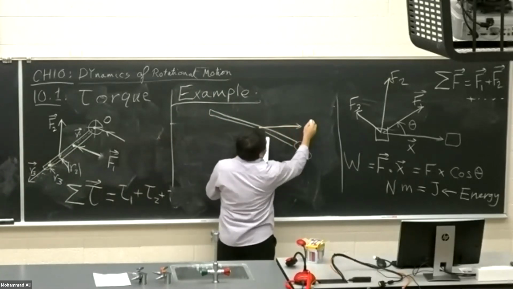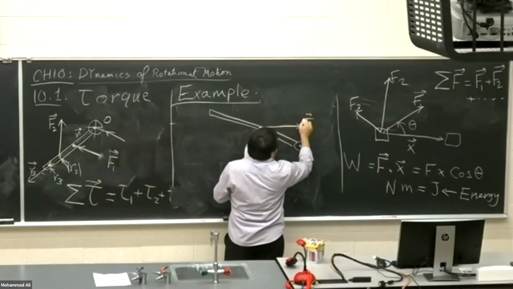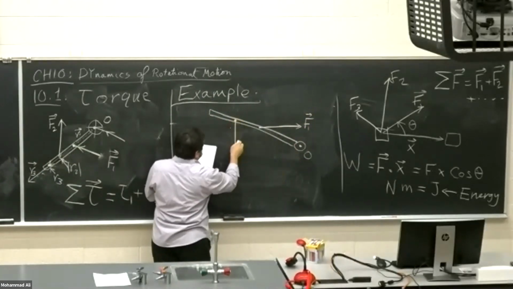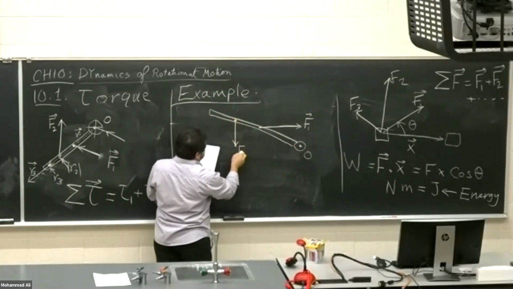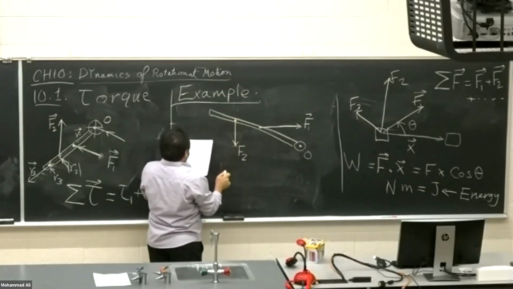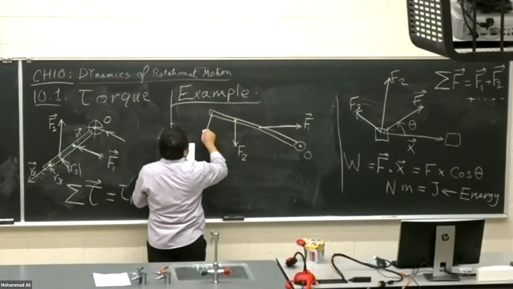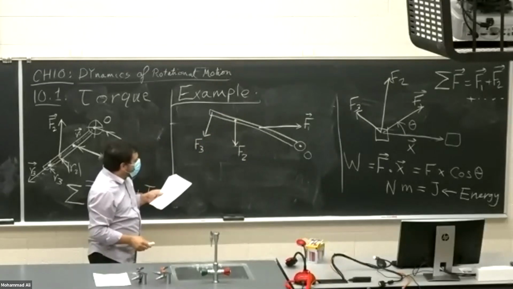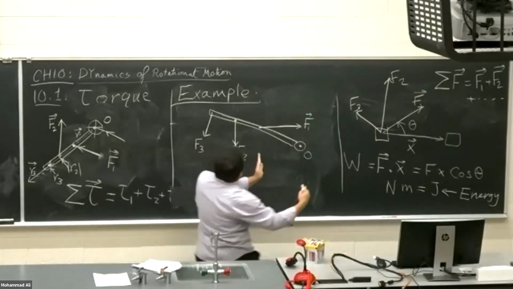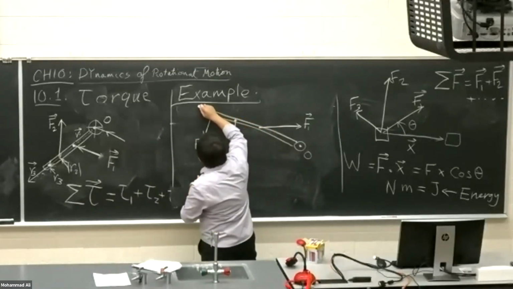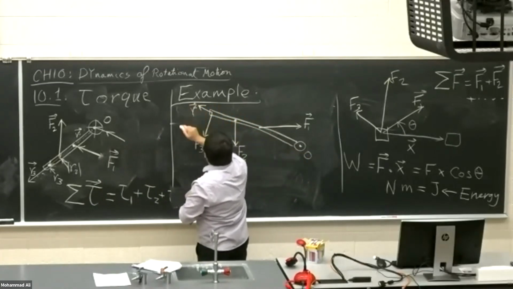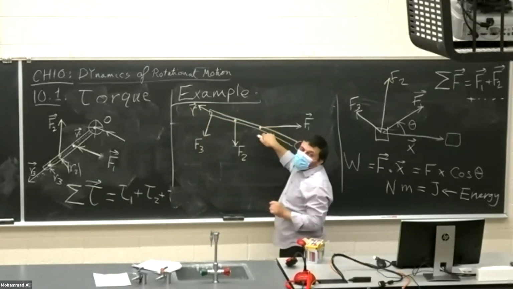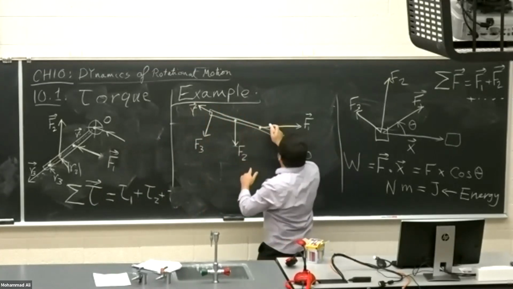This is F1, this is F2, and this is F3. The R direction is to this direction. This is the direction of R. At each point, we have a magnitude of R, the length of R.